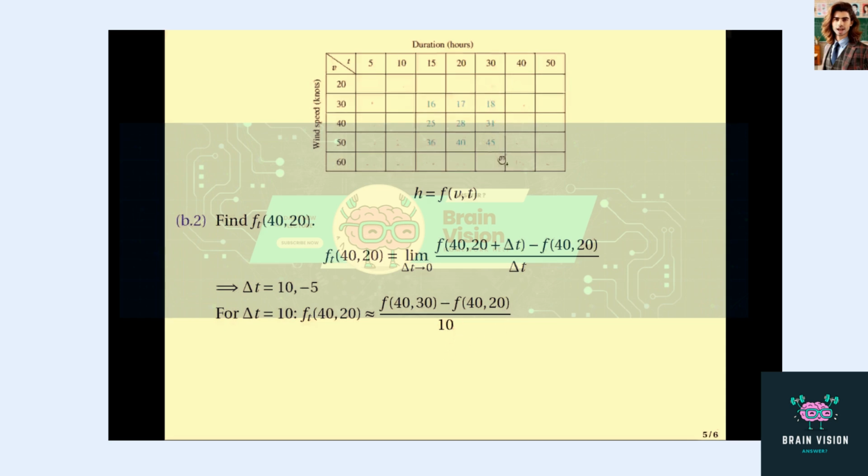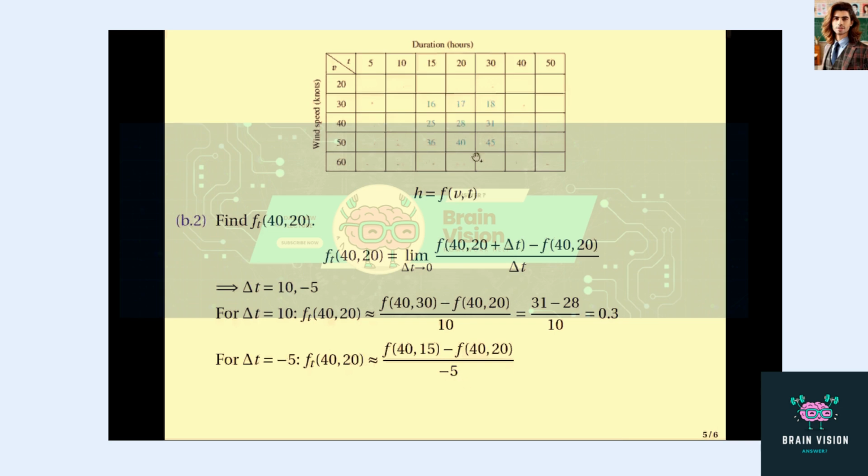From the table, we have 31 minus 28 divided by 10, which is equal to 0.3. When delta t equals negative 5, f sub t of 40, 20 is approximately f of 40, 15 minus f of 40, 20 divided by negative 5.